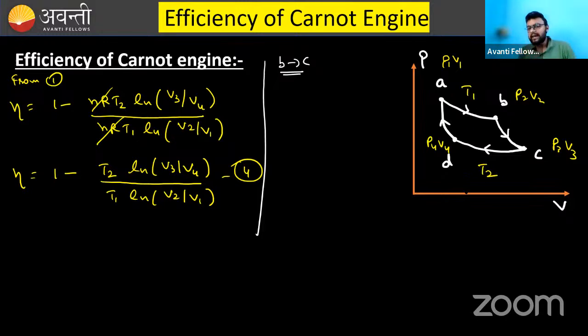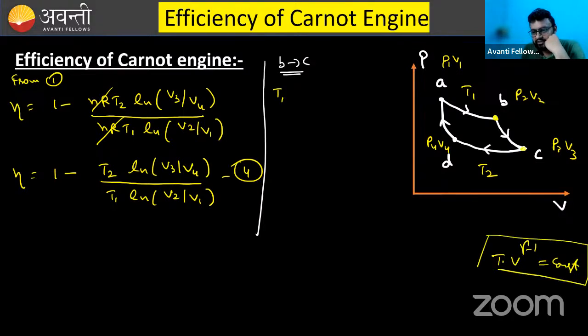Now, B to C is an adiabatic process, and for adiabatic process, from B to C I am talking about, do you know the relation that T into V raised to the power gamma minus 1 is equal to constant for adiabatic process?